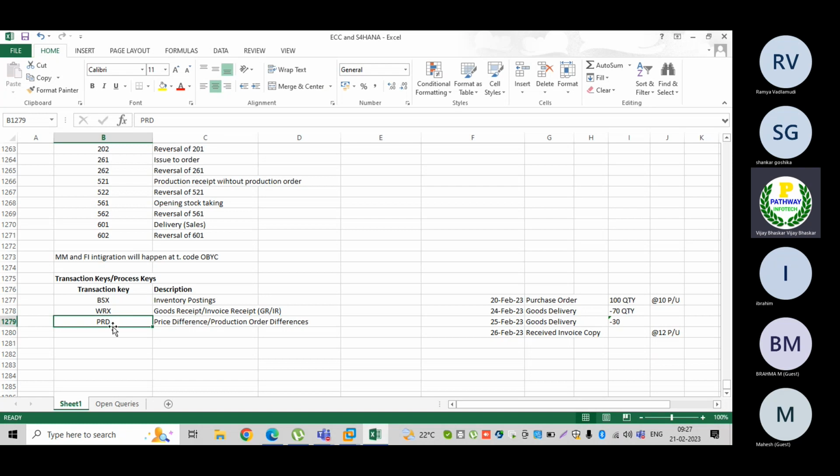Then the next transaction key is the GBB. The GBB is nothing but the transactions which are happening within office premises. What is meant by within office premises? Let us assume there is a manufacturing plant in some industrial area, and in the same place they have the warehouses also.